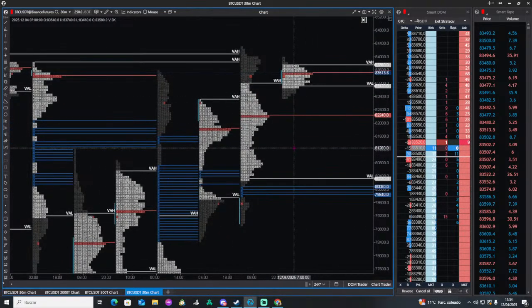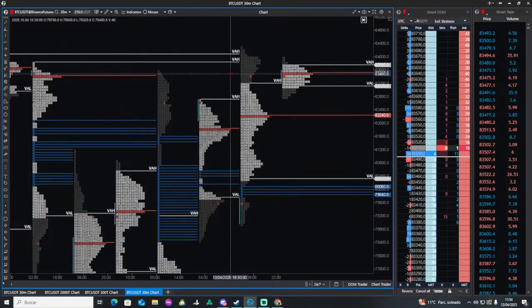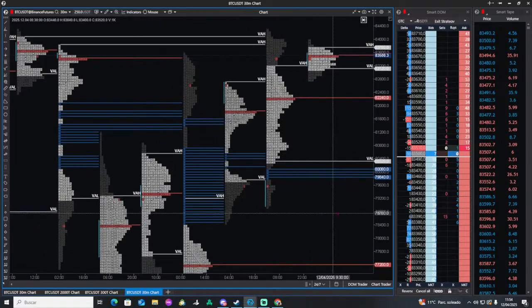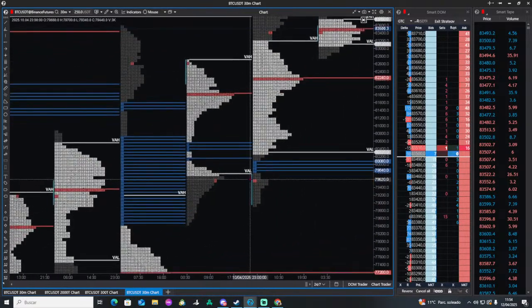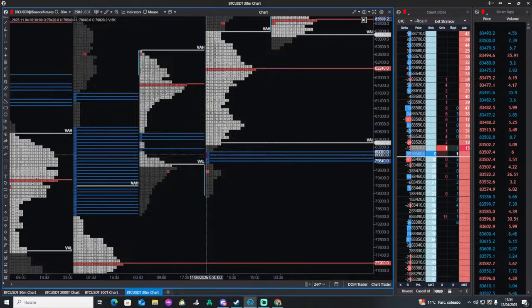When we are talking about a regular TPO chart, we could see one like this from Friday. We have a tail, and we have an opening range, so TPO started here. This is the opening range for the day.